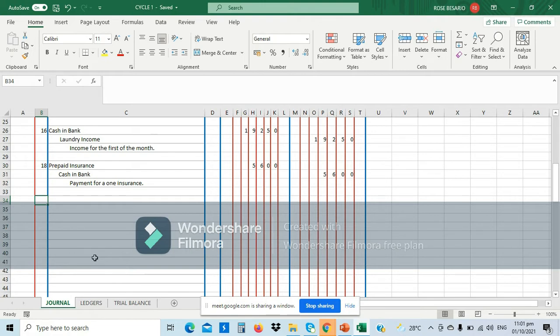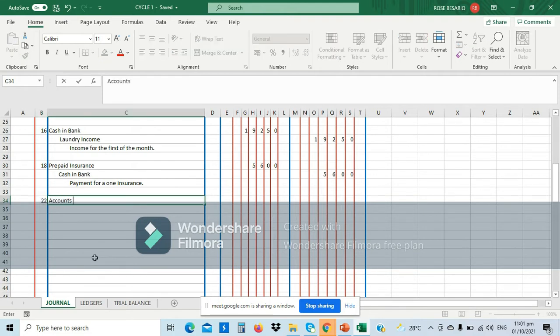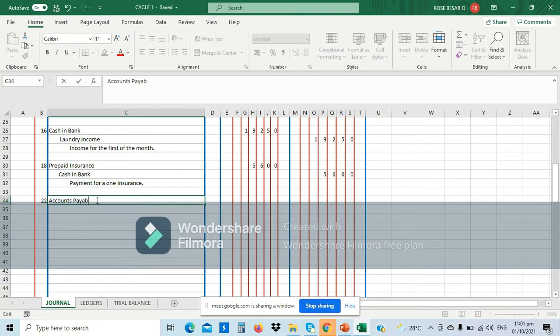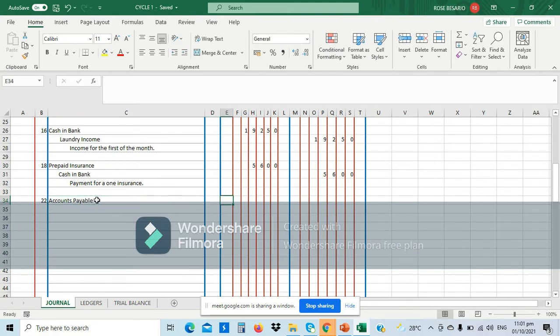Let's proceed to May 21, rather 22. So paid accounts to Bataan Equipment Corporation, 7,000. So this is a payment of an account. So 22. So we debit accounts payable for 7,000.